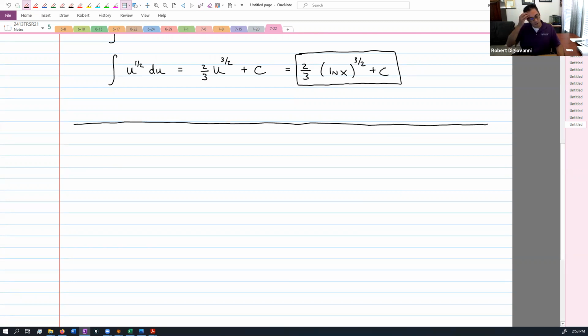So let's do another one. How about the antiderivative of sine x over 1 plus cosine squared x dx.